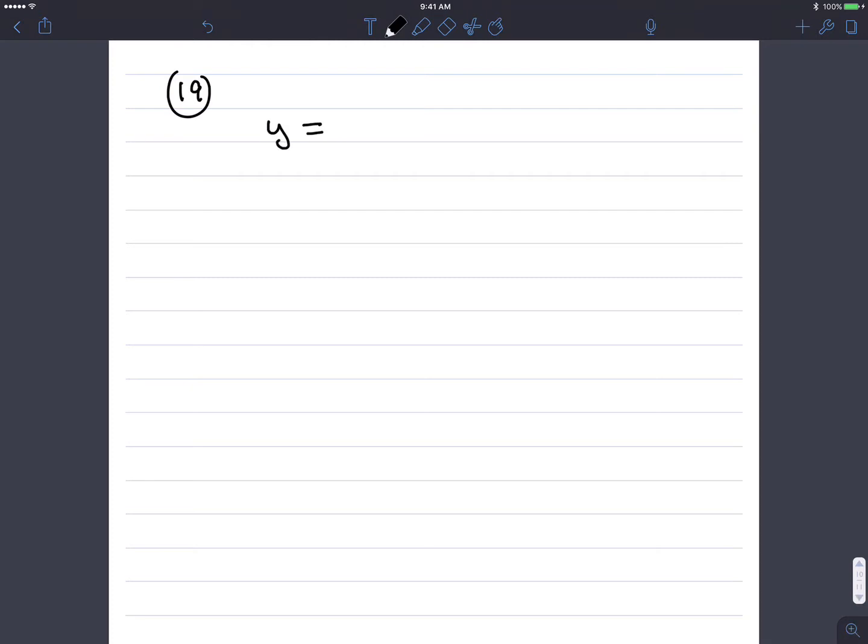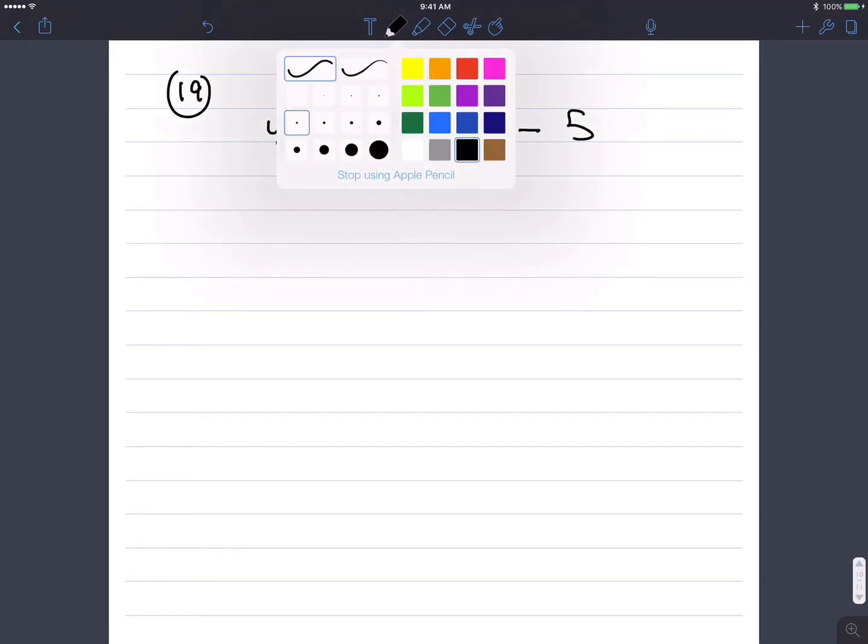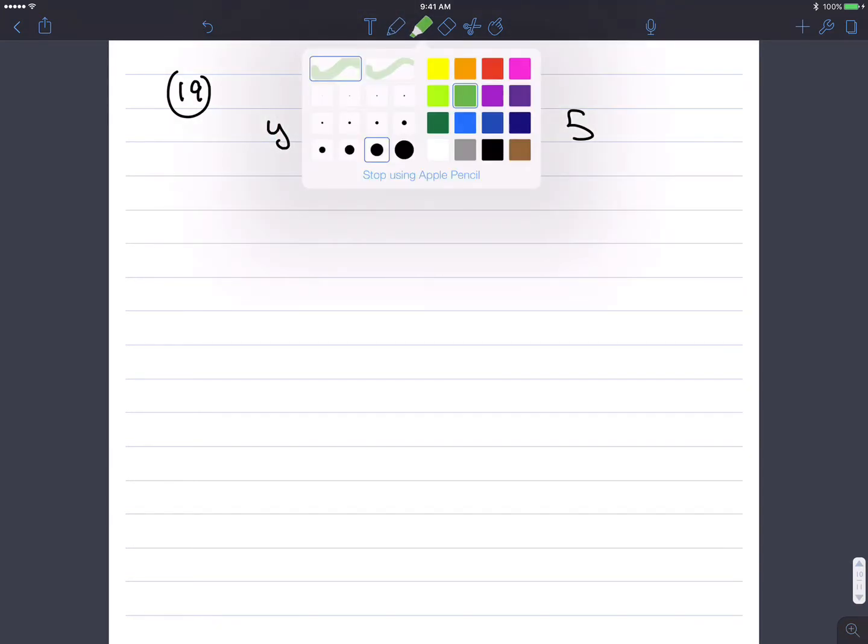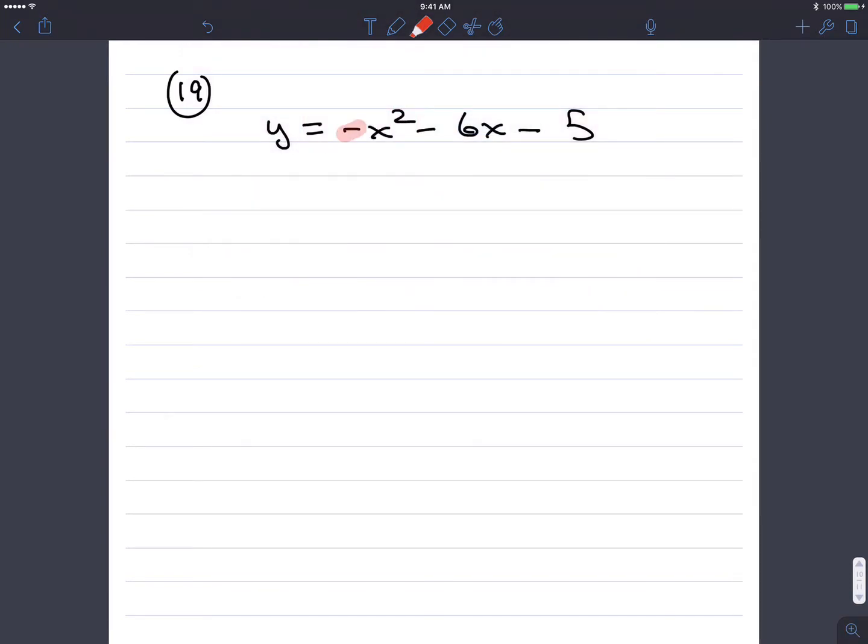Now, number 19, very similar. y is negative x squared minus 6x minus 5. Notice again, we start with that negative 1 there.